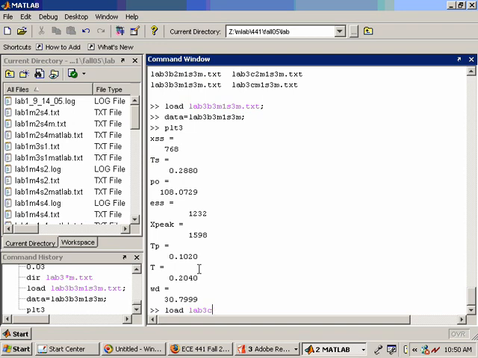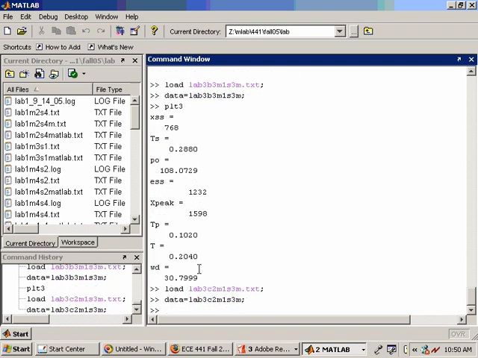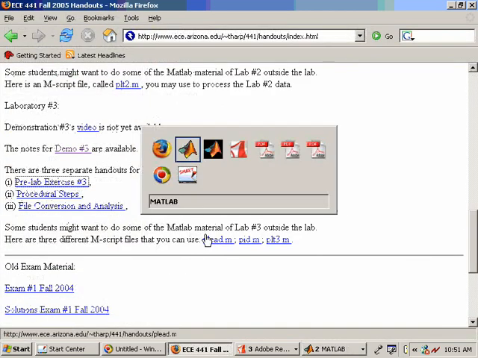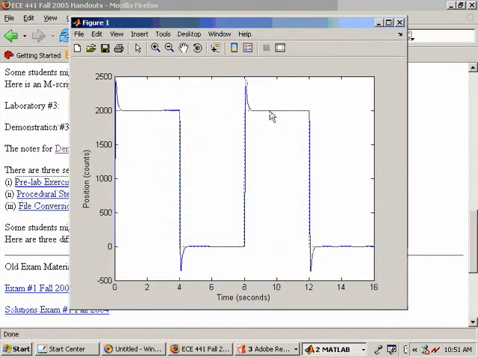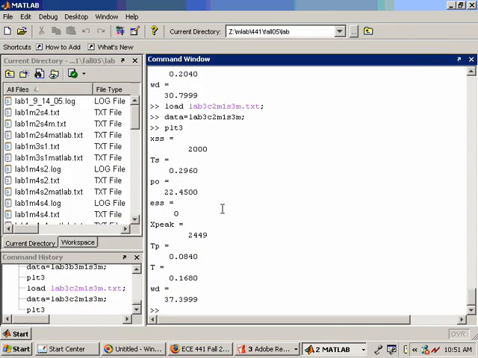I just have that, let's say the 2nd time, M1S3. And this response now has a 22% overshoot, and we do not have a steady state error, contrary to what we had in the phase lead, and our peak time is 0.08 seconds.